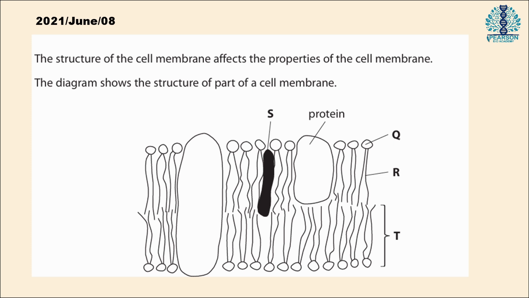The diagram provided shows part of a cell membrane with specific proteins and other labeled parts P, Q, R, S, T. However, I won't be discussing all the components of the membrane in this video. Instead, I will address those in a separate video series dedicated entirely to cell membranes. For now, we'll focus on the questions related to the protein in this diagram.